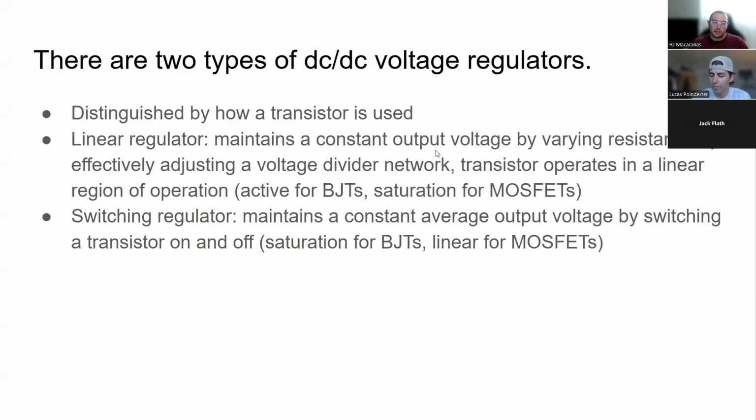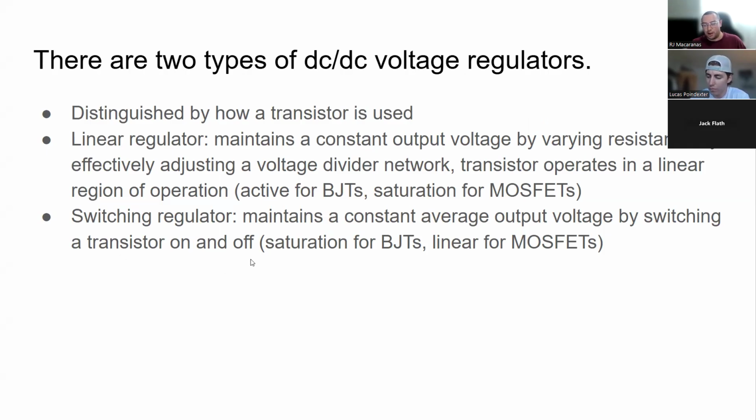The linear regulator will maintain a constant output voltage by varying the resistance, effectively adjusting a voltage divider network. We'll see what that looks like in a later slide. But the idea here is that the transistor will be operating in a linear region, whereas in a switching regulator, it will be operating in a switching region, right?